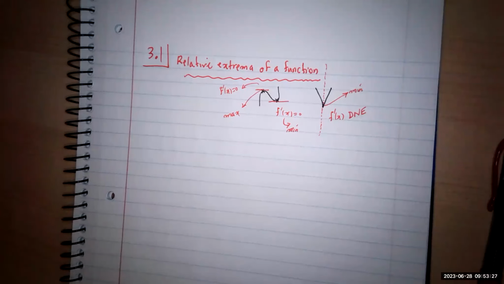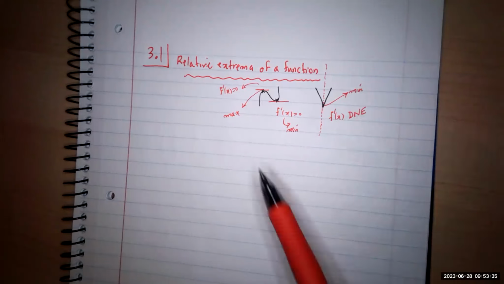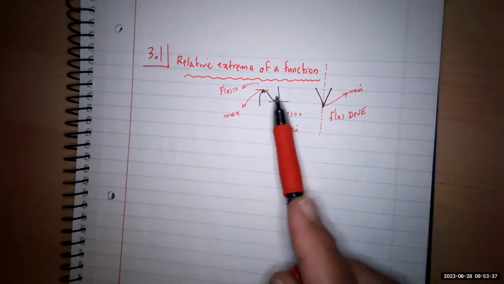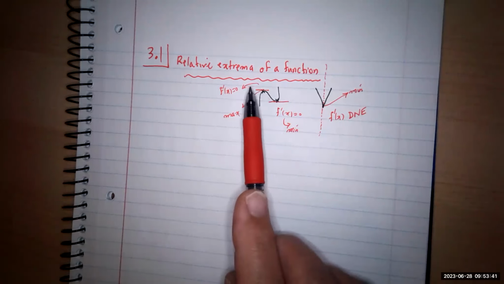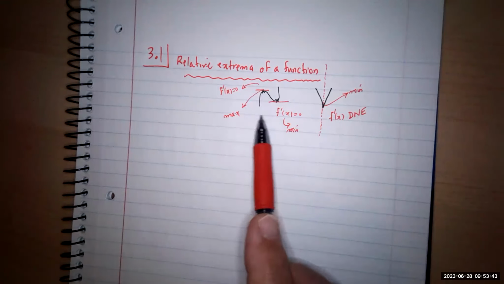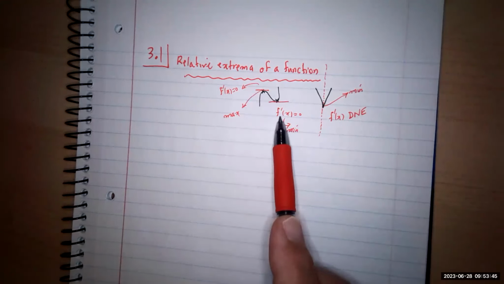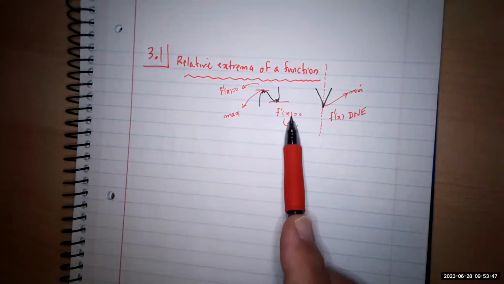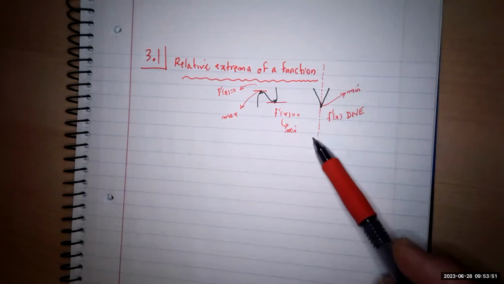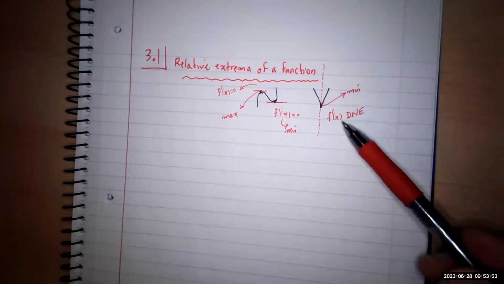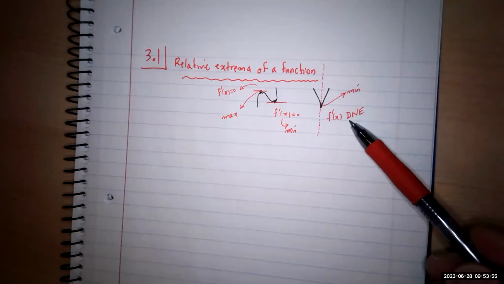So there are 2 places that you may get the maximum and the minimum of a function. The place that the function is nicely differentiable and you get a horizontal tangent line, which would happen if f prime is 0, and the place that you get a vertical tangent line, if you like. That vertical tangent line would happen if the derivative does not exist.